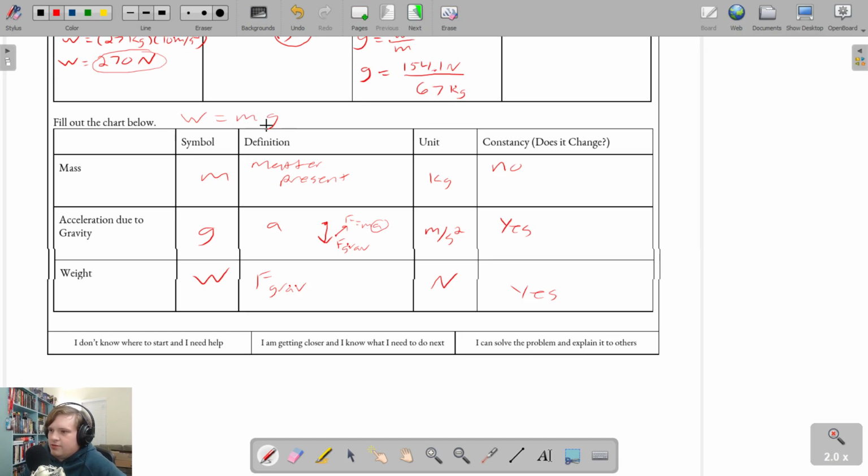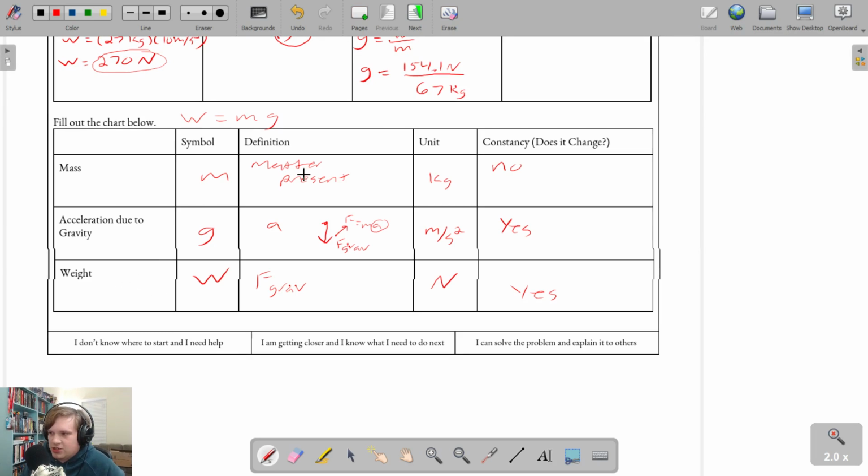If one of these two variables changes, then your product will change. Since W is your product, and we know acceleration due to gravity can change, we know weight must change. If all three of these were constant, then we would not have a formula for it. There would be no use. It would just be weight is always this. But weight definitely changes.